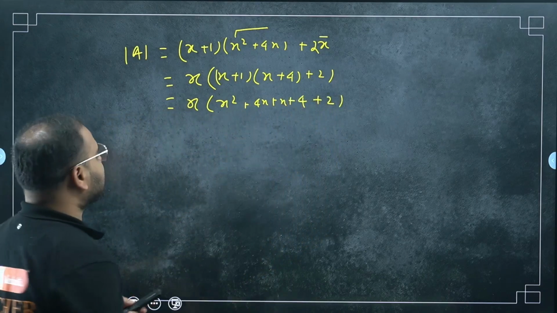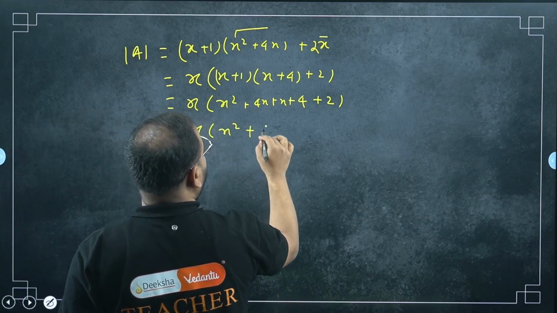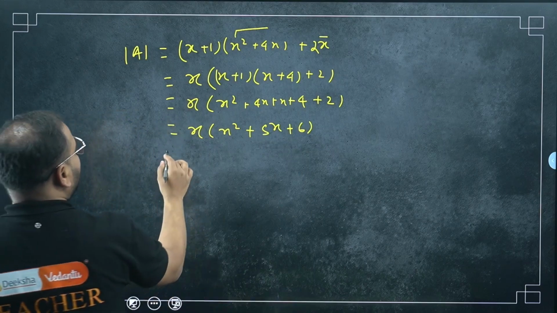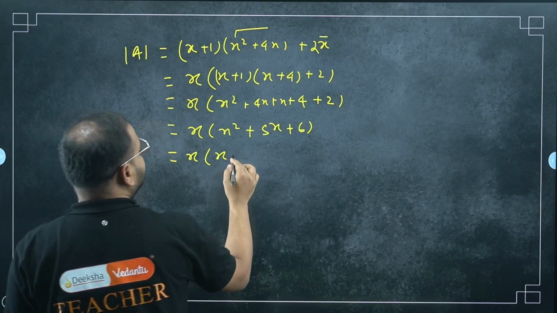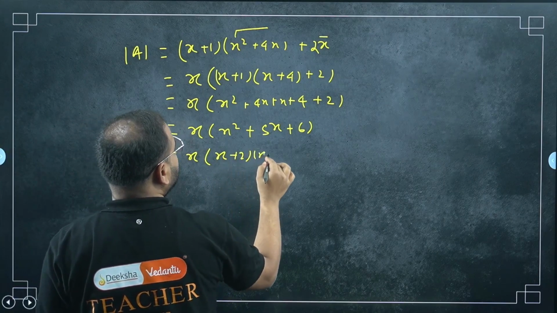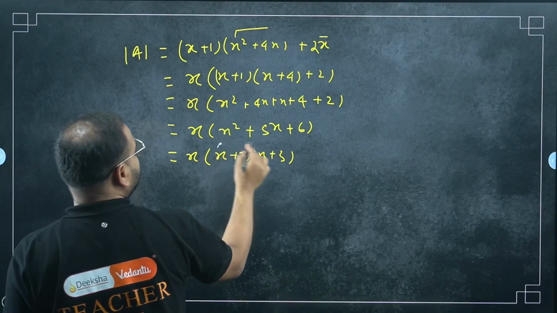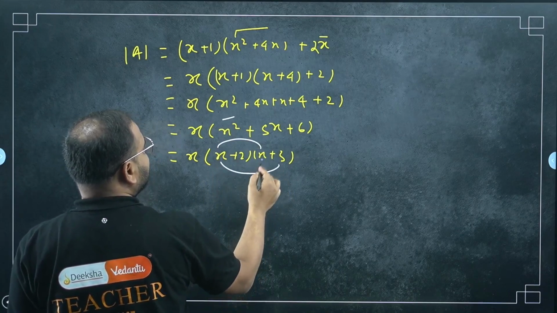Simply expanding the two brackets, what I'm getting here is x times x square plus 5x plus 6. Okay, 5x plus 6. I can factorize this: x plus 2 times x plus 3. Please cross check. x times x is x square. x times 3 is 3x, and x times 2 is 2x.